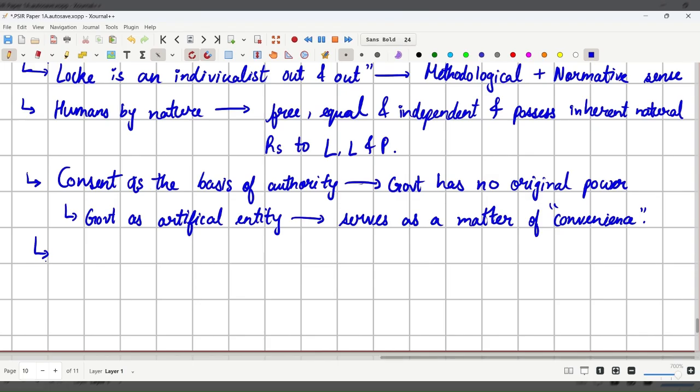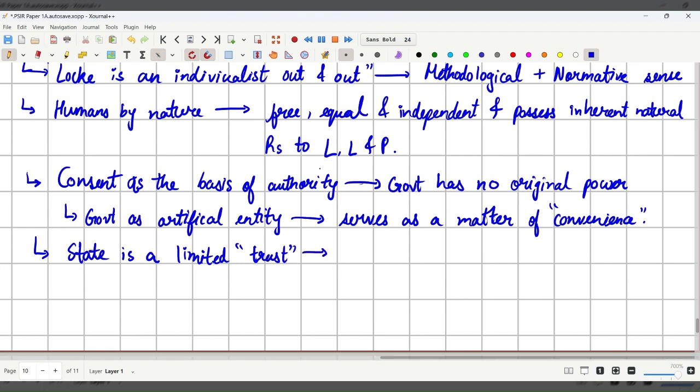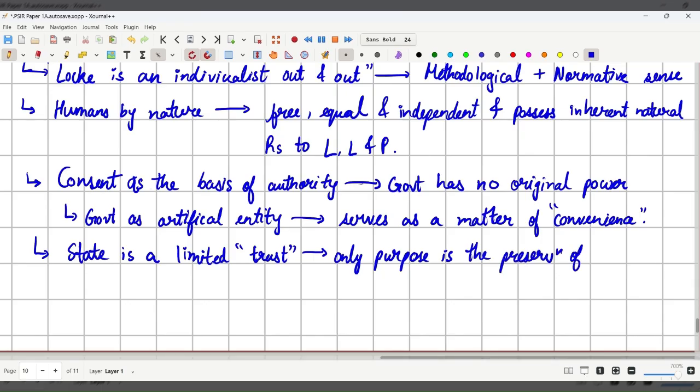So that is why the government comes in, and according to him, the state is a limited trust, whose only legitimate purpose is the preservation of individuals' rights.